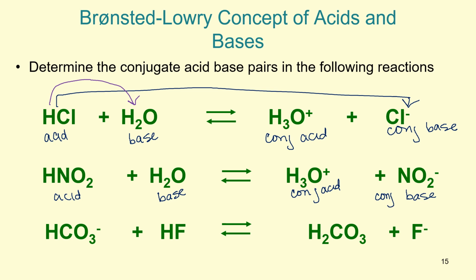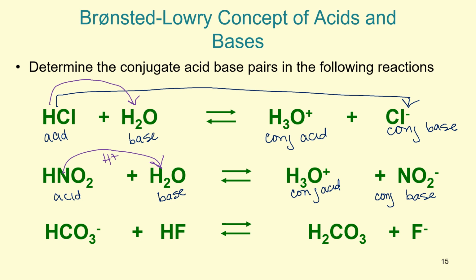I mean, there's nothing specific saying this is the acid and this is the conjugate base. If you were looking at NO2 negative as the base, then HNO2 would be the conjugate of it. So they're conjugates of each other. Okay, then finally, again, the H+ has transferred from the HNO2 to the H2O.